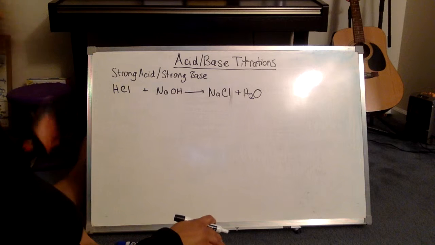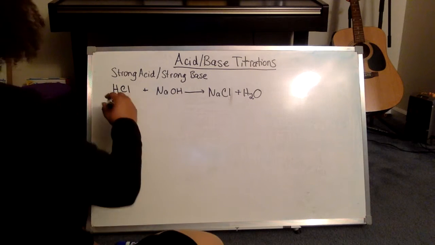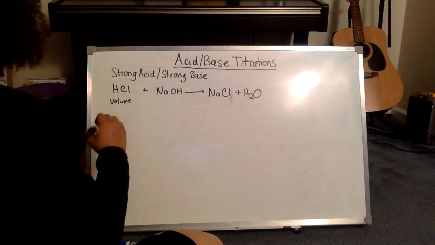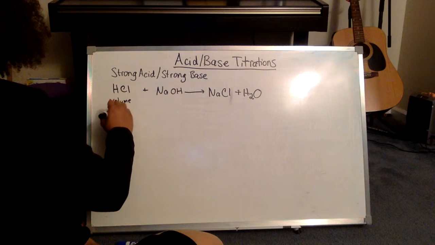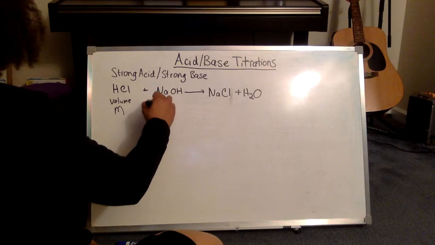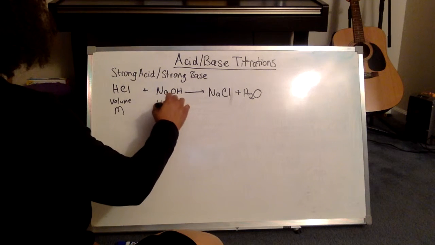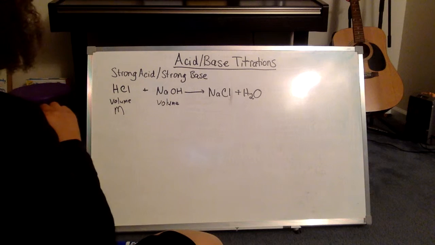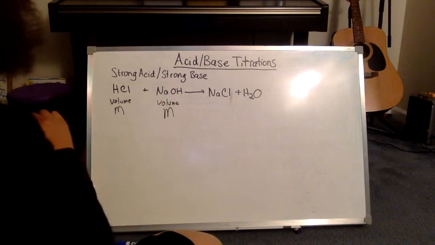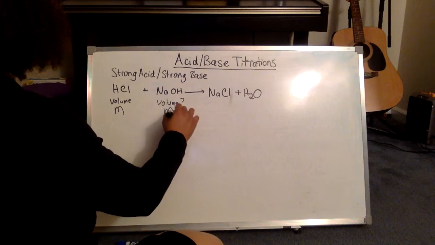And when we did it in chapter 4, we had some volume of acid, and we had some molarity of acid, and we needed to either figure out the volume needed of NaOH to neutralize it, or we needed to figure out the concentration. So it's one of these that we had to figure out.